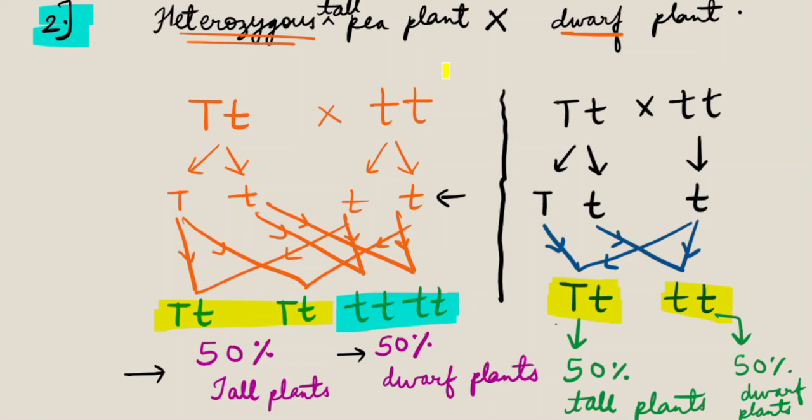I hope these 2 questions were easy. Now I will take one more question, which is based on this same monohybrid cross, but this cross is not of pea plant. We will take pigs.